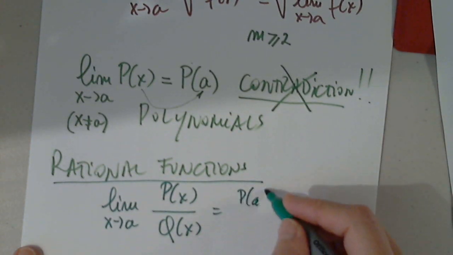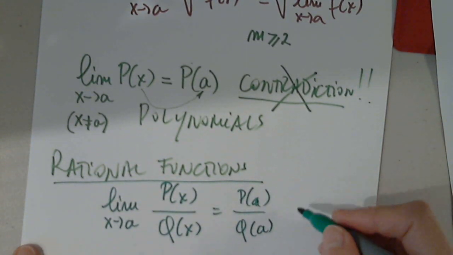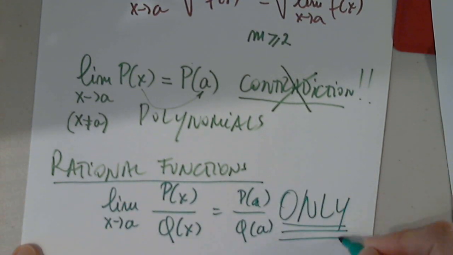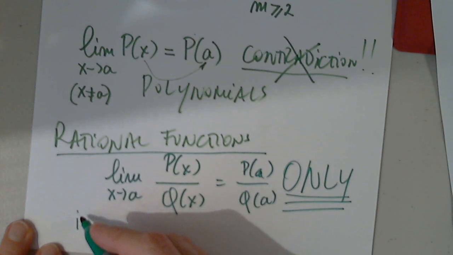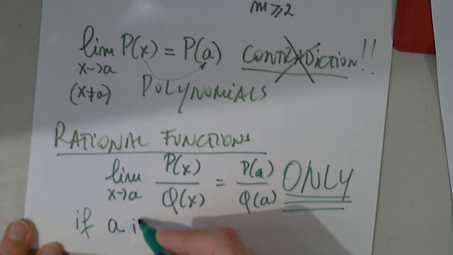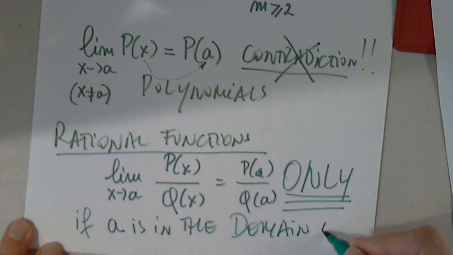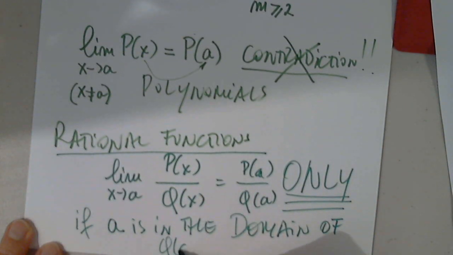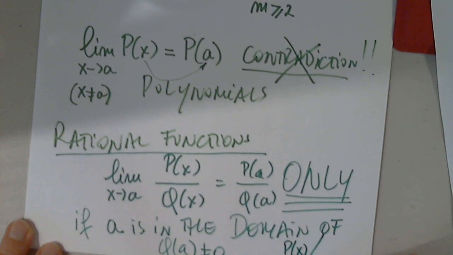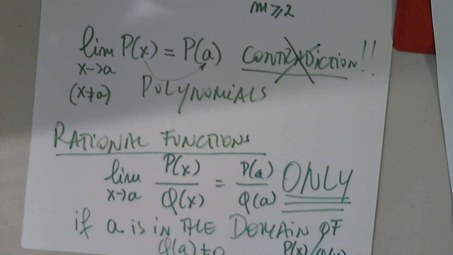I can write p of a over q of a, only, there is an only here, only if a is in the domain of this function. In other words, q of a does not equal 0 in the domain of p of x divided by q of x. So it's the same situation as with the polynomial, as long as the denominator is not 0.